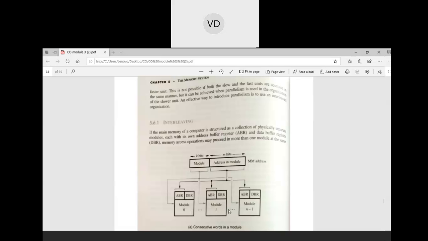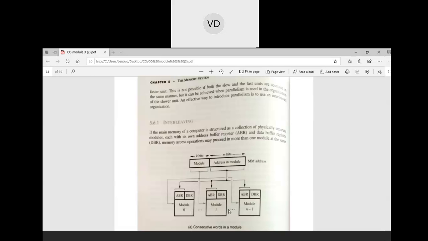Suppose I am having a function and I divide the work into different committees, like a catering committee, a decoration committee, and a hospitality committee. All the different committees work simultaneously, so efficiency is increased.